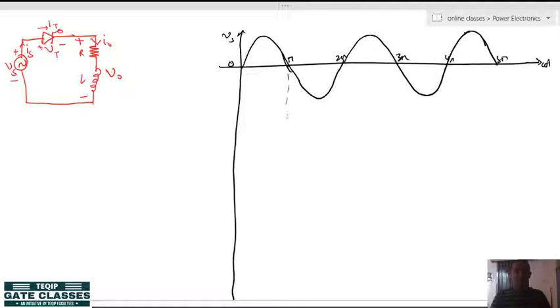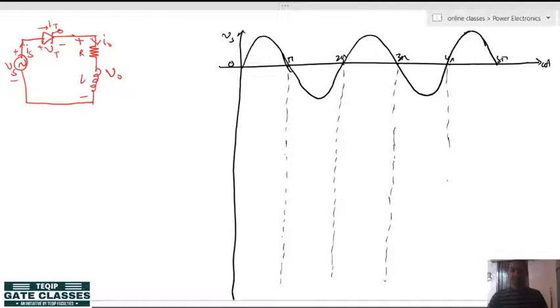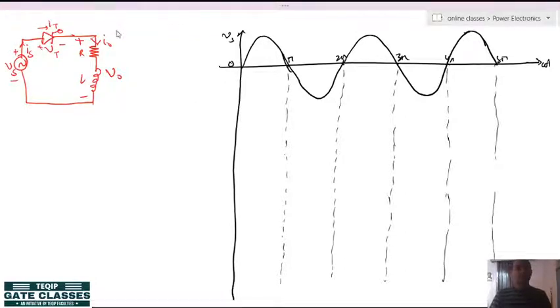So, these black dotted lines show the pi instant marks. And let's also mark the firing angles.